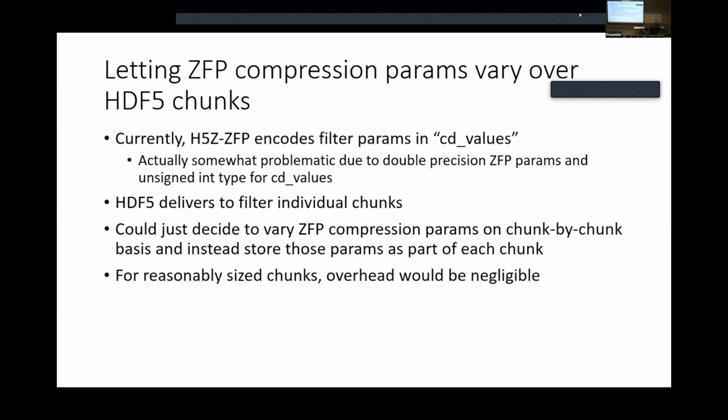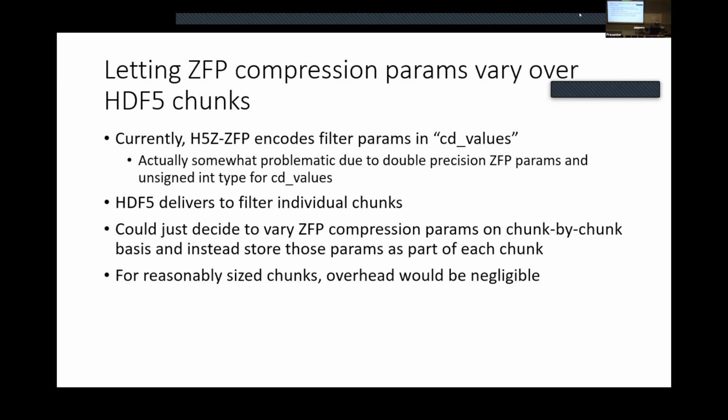So let's see. Another thing about the H5Z-ZFP filter is it captures the ZFP library compression parameters in the CD values for the filter. These are essentially this array of unsigned ints that's high-level metadata that basically controls the filter in HDF5. I think that goes into the dataset object header down in the HDF5 library.